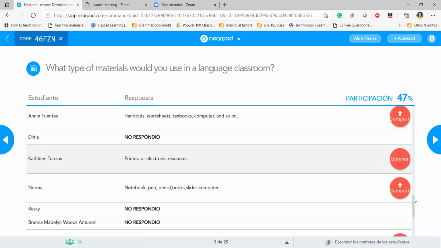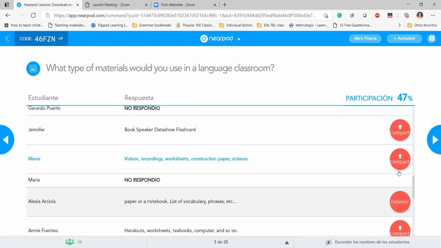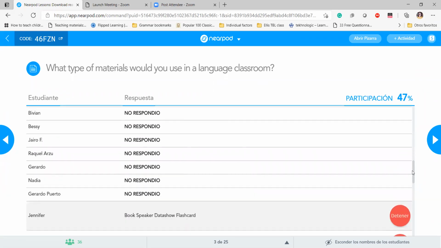Caitlin said printed or electronic resources. Annie has handouts, worksheets, textbooks, computers, and so on. Alexi says paper or notebook, list of vocabulary, phrases, etc. Video recording. So look at all of your answers, right? They're not down to one thing.